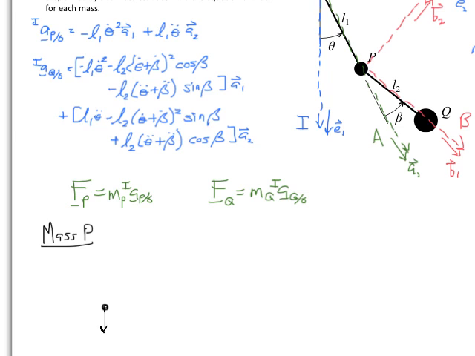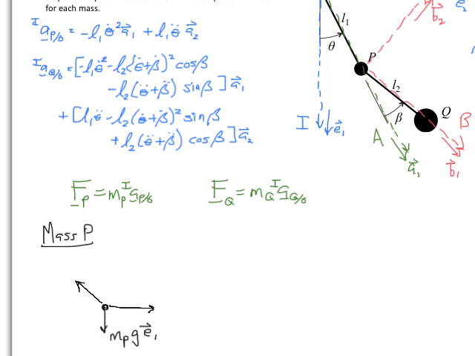So this will be the force due to gravity, which is the mass of P multiplied times gravity in the E1 direction. And then there are two forces that are applied in the links of this double pendulum: the force along OP and a force along PQ.